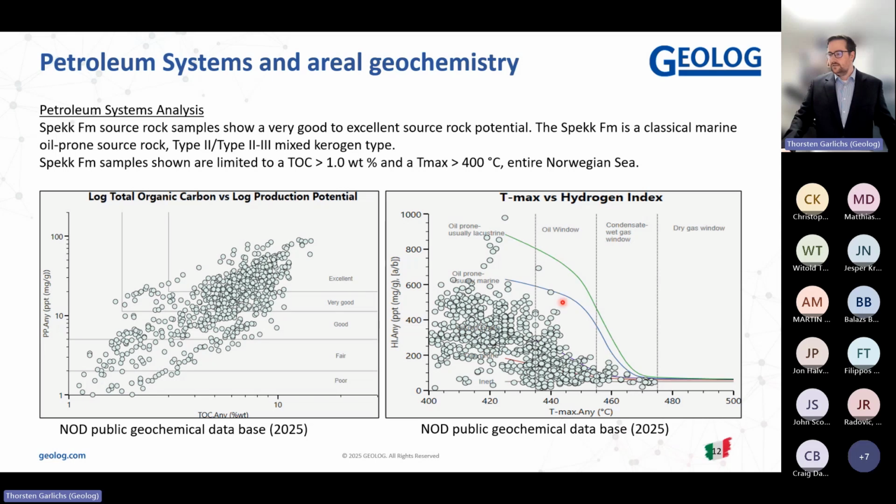So this is mainly the type 2 type, and then here we shift a little bit lower down with lower hydrogen index values towards the mixed type. The data you see here are the entire Spekk formation data from the NOD public geochemical database, and I filtered only to TOC values higher than 1% and also more than 400 degrees in Tmax.